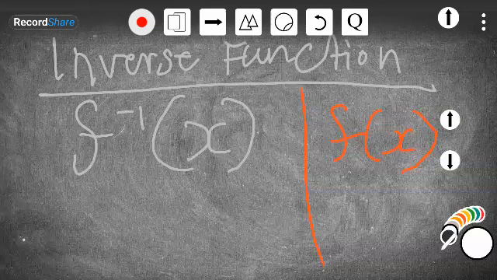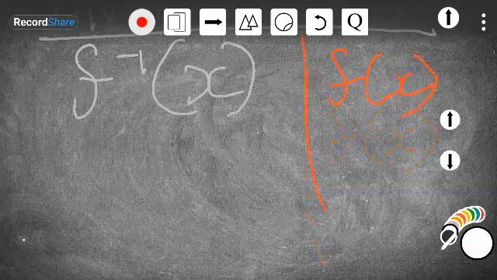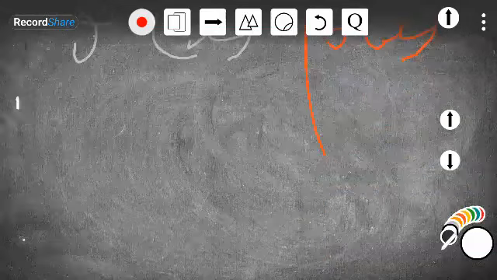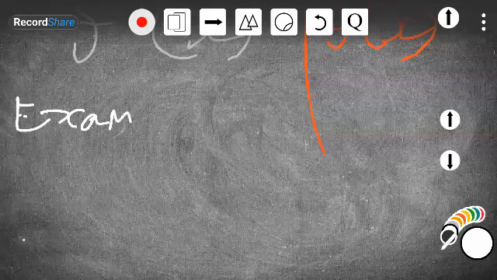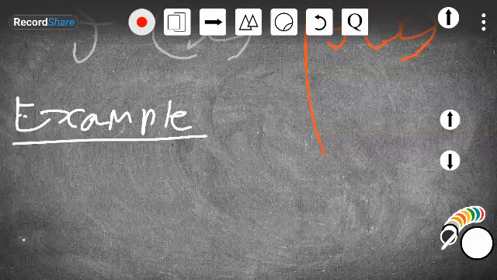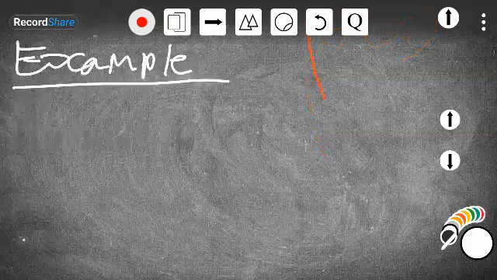For the inverse function, I can give an example. We have our first example here. Under the inverse function, I want you to fully understand what we're talking about.